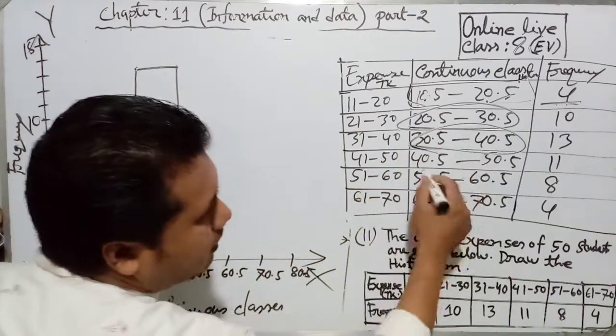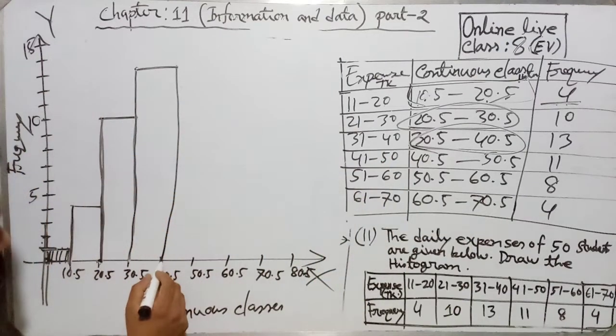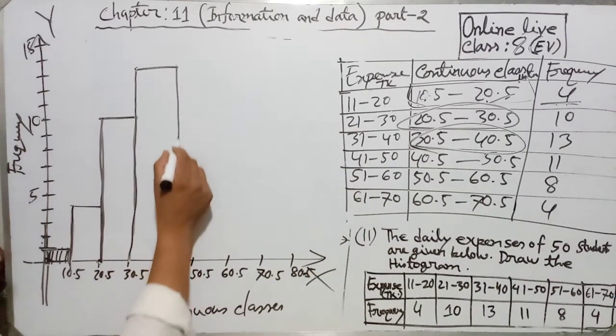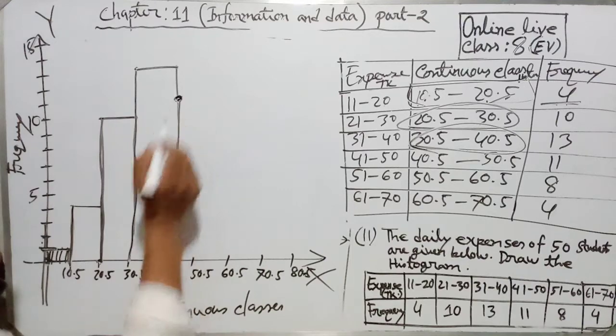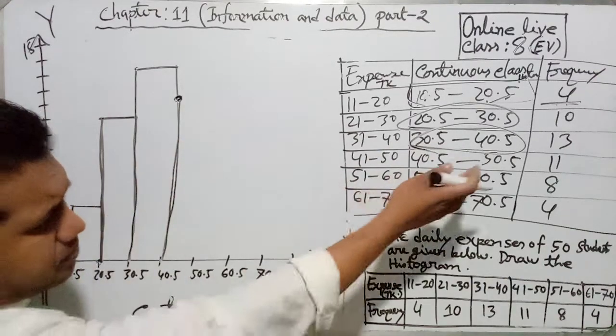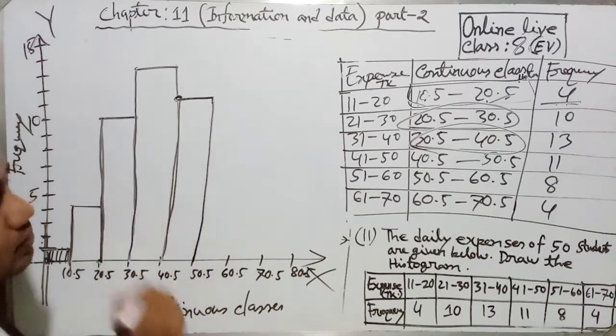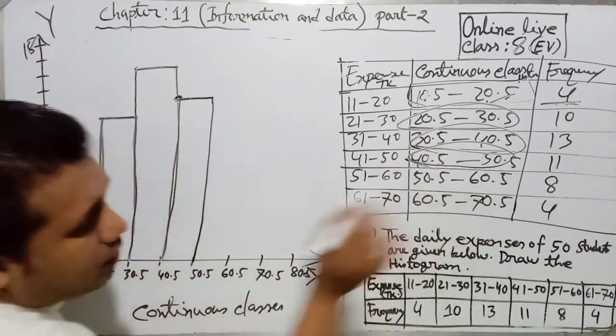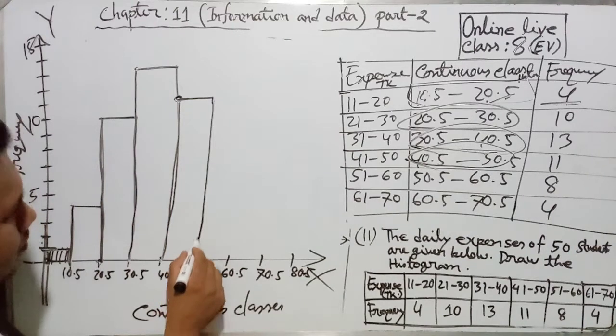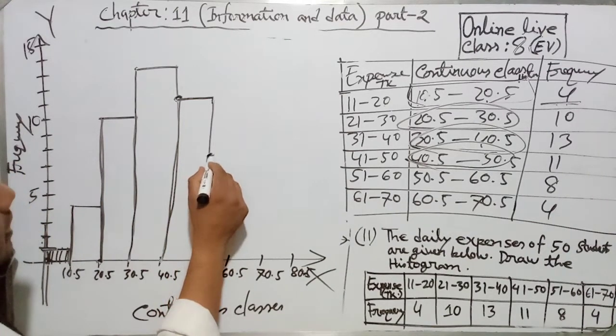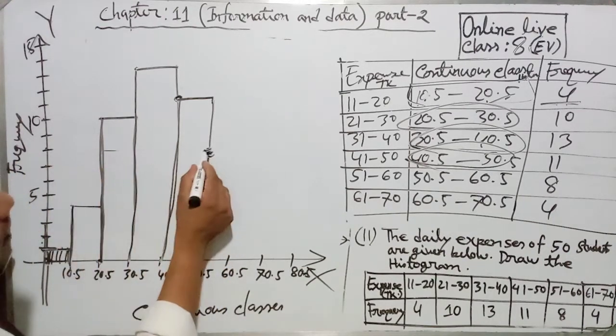This is done. Now go to 40.5, 11. Now again 40.5, 11, that means this one 11. And 50.5, this is also 11. Now draw it. This is done. Now 50.5, 8. Now go to 50.5 and suppose this is 8. Look, this is 8.